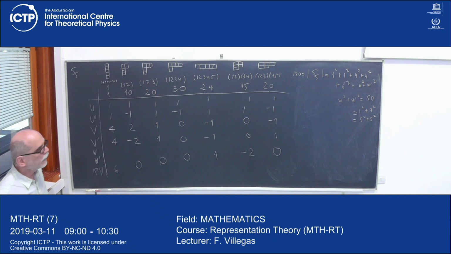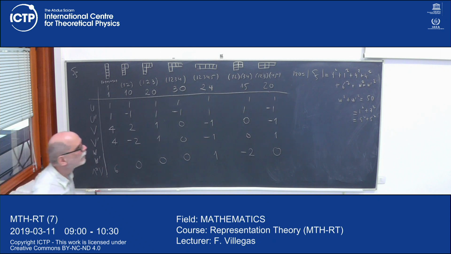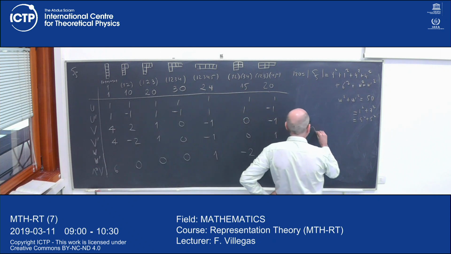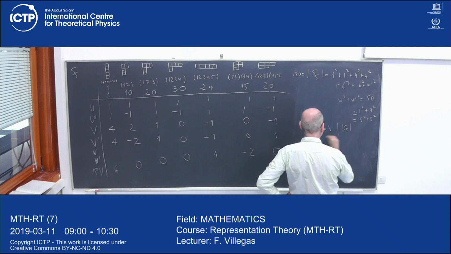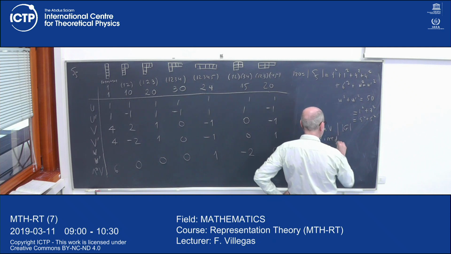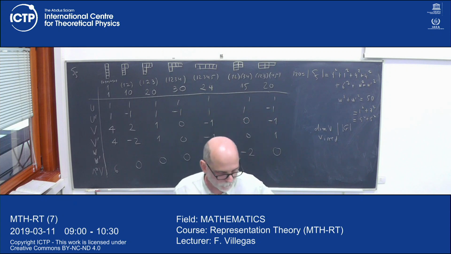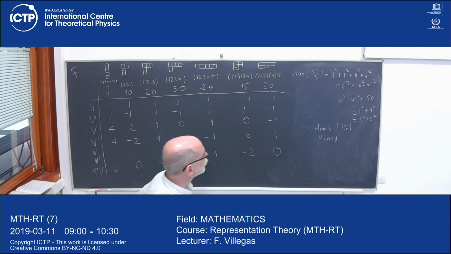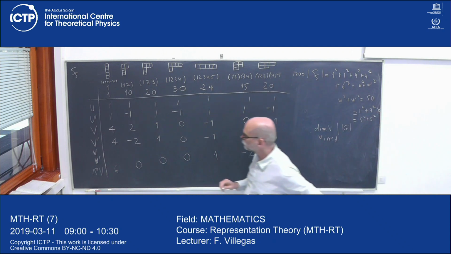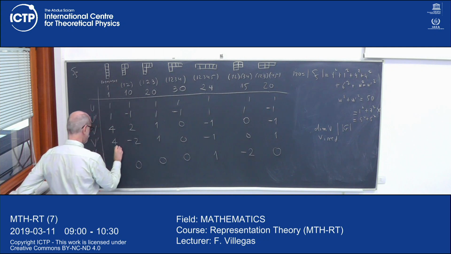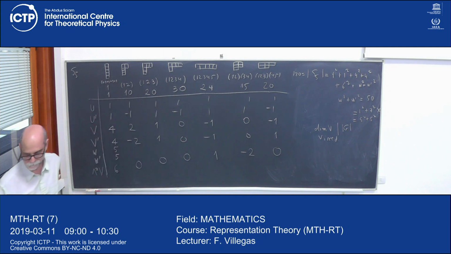And why can it not be 7? Because, as I mentioned before, the dimension of an irreducible representation divides the order of the group. We didn't prove it, but I mentioned it. So 7 doesn't divide 120. So this cannot happen, and so we must have 2 representations of dimension 5. So how do we find them?